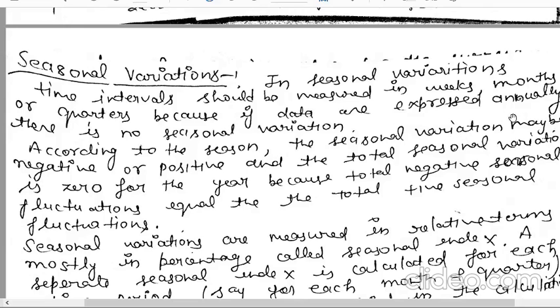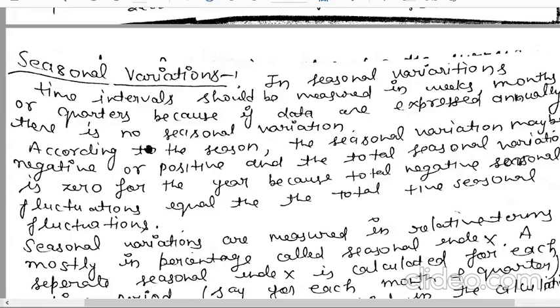Because if data are expressed annually, there is no seasonal variation. If we express our data annually, then the season would change in the first year and change again in the second year. So we will take our data weekly, monthly, or quarterly, but we cannot express our data annually.